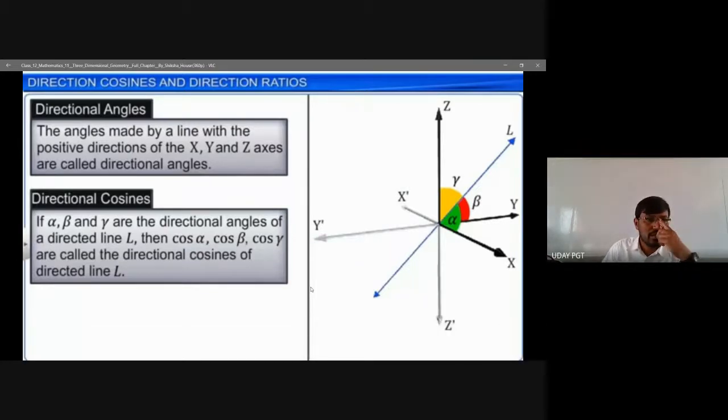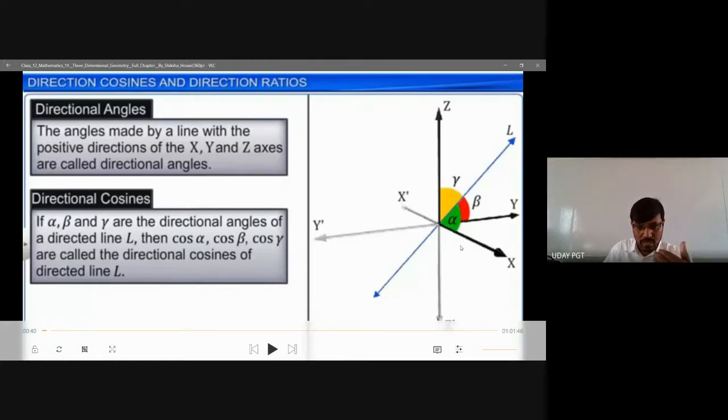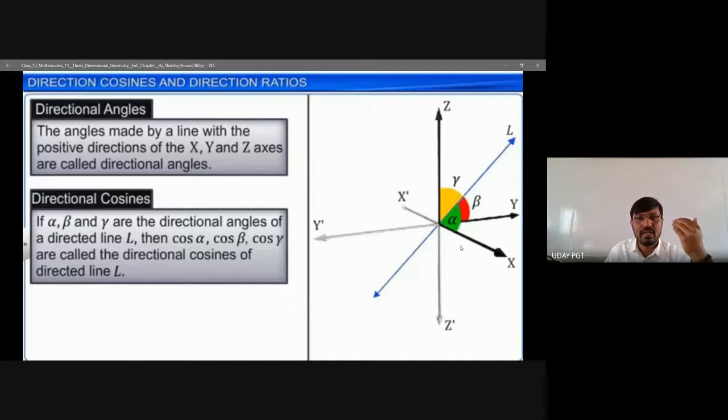Okay. So direction angles means if a line is making an angle with the x-axis, usually the x-axis is denoted by the line towards our side. Suppose you are staying in a room, the left side corner you see, that is the origin.